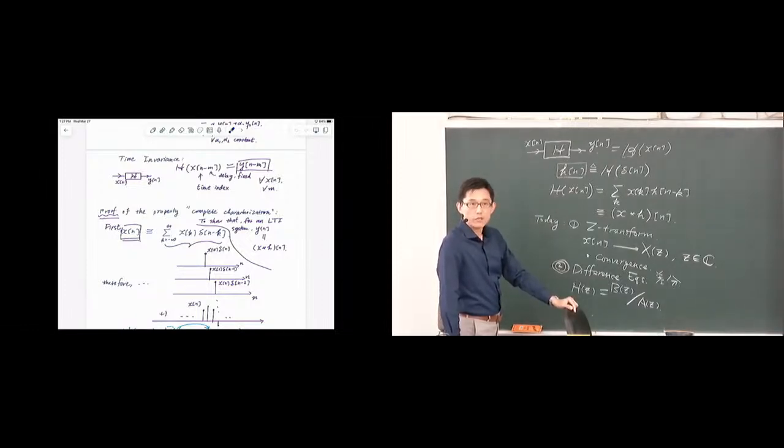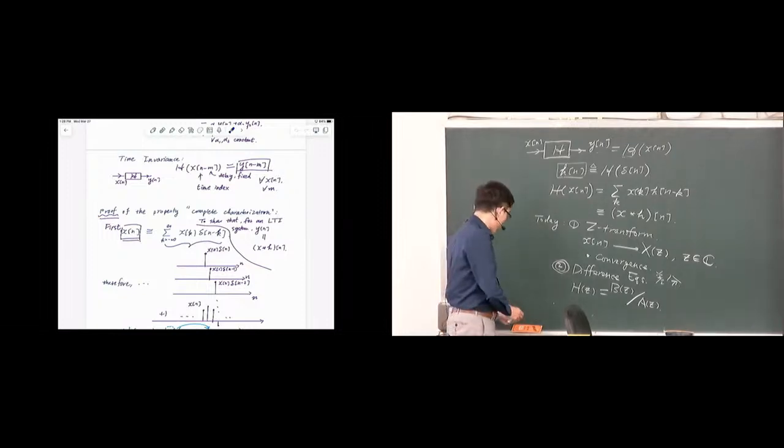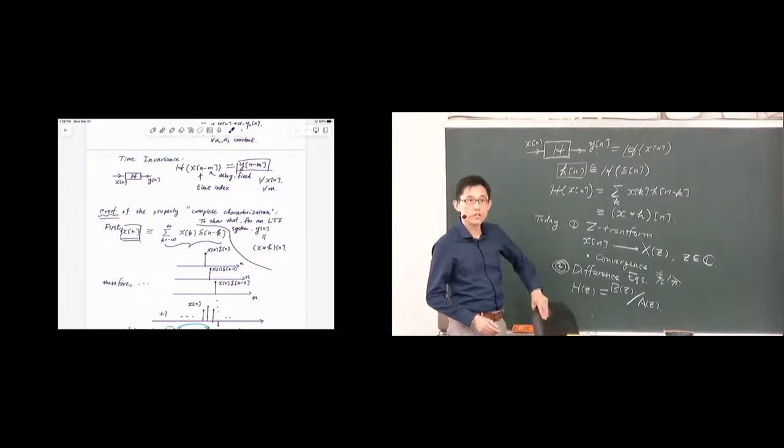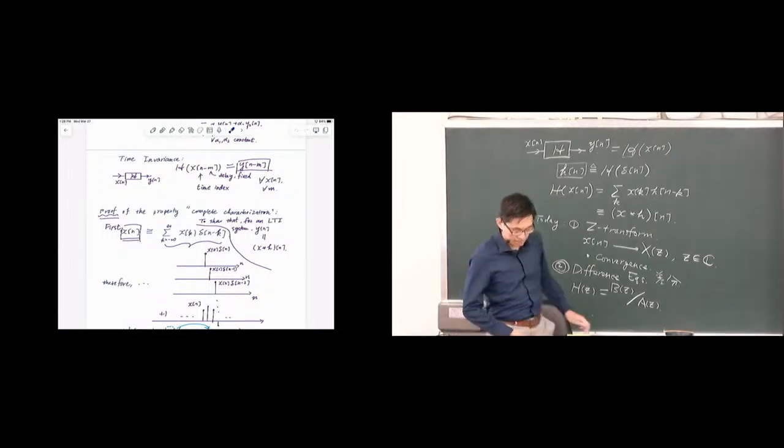If a system happens to be stable, then when the system receives a signal at a certain frequency, we can talk about the gain and the phase shift. Frequency response, impulse response, stability: these are the topics we will go through today. So far so good. Shall we start?